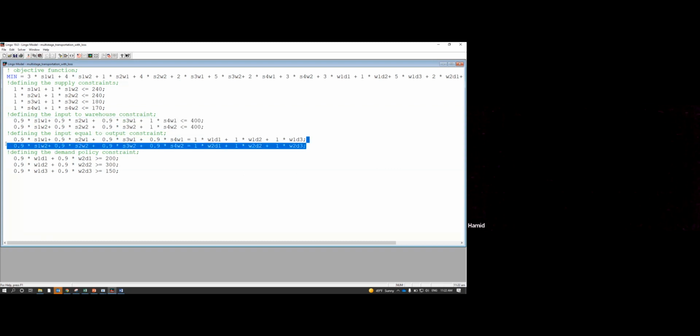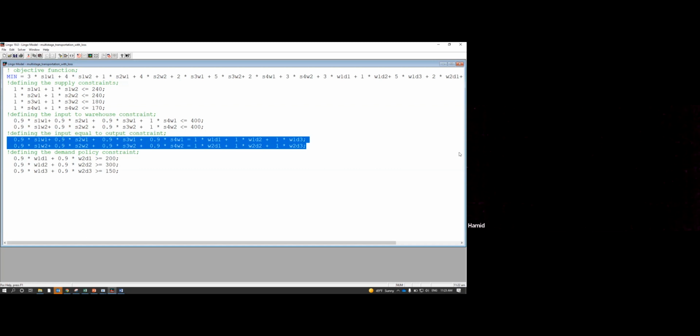The most tricky part is the third part. Whatever comes in should go out. But look, on the left side I consider 0.9, but I haven't considered it on the right side, because at the warehouse you haven't sent them yet, so you haven't faced loss. The left side shows the inward flow that comes from different supply points. The inward flow already faced 10% loss, but at the warehouse you don't have any loss.